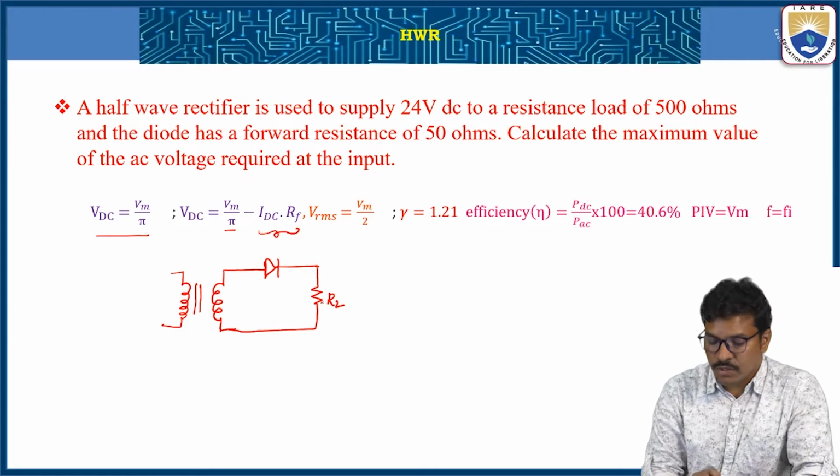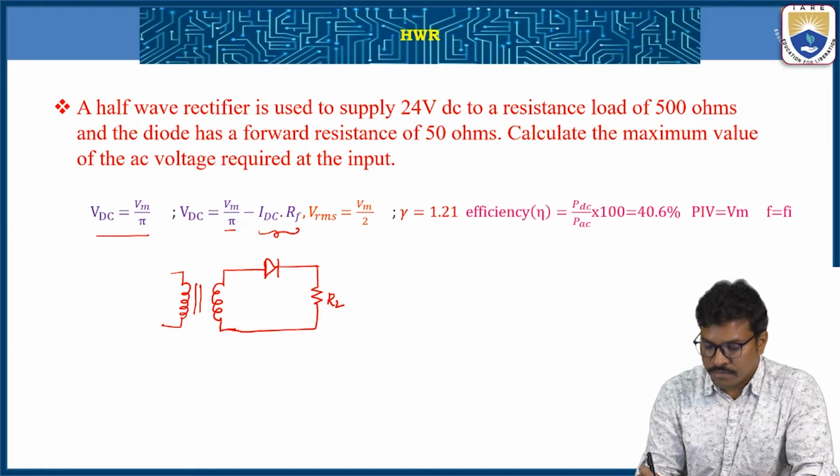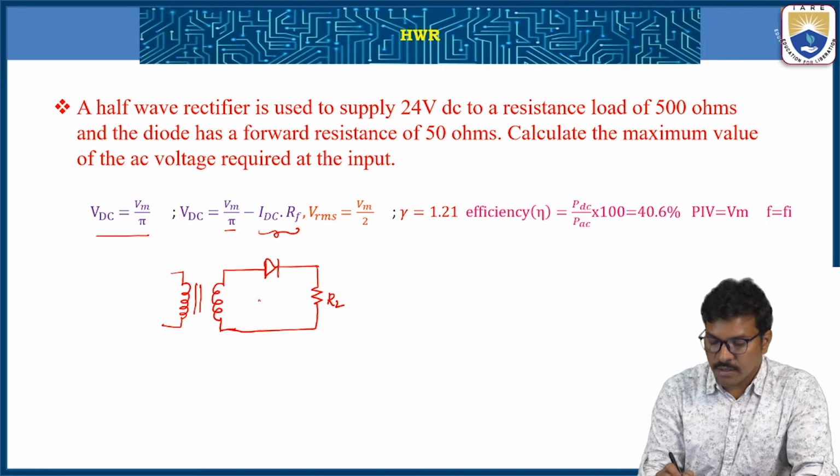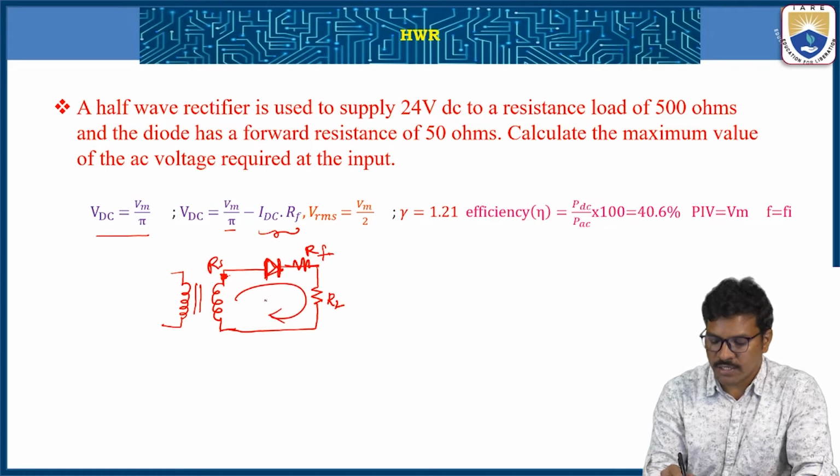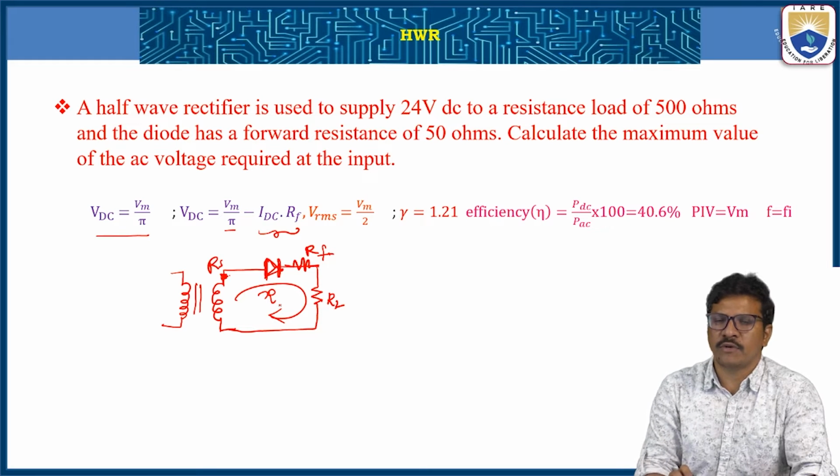Assume that the secondary coil has some internal resistance, like a small resistor RS. The diode has a forward resistance RF, and there is the load resistor RL. RS, RF and RL are all in series when current I flows through the network.